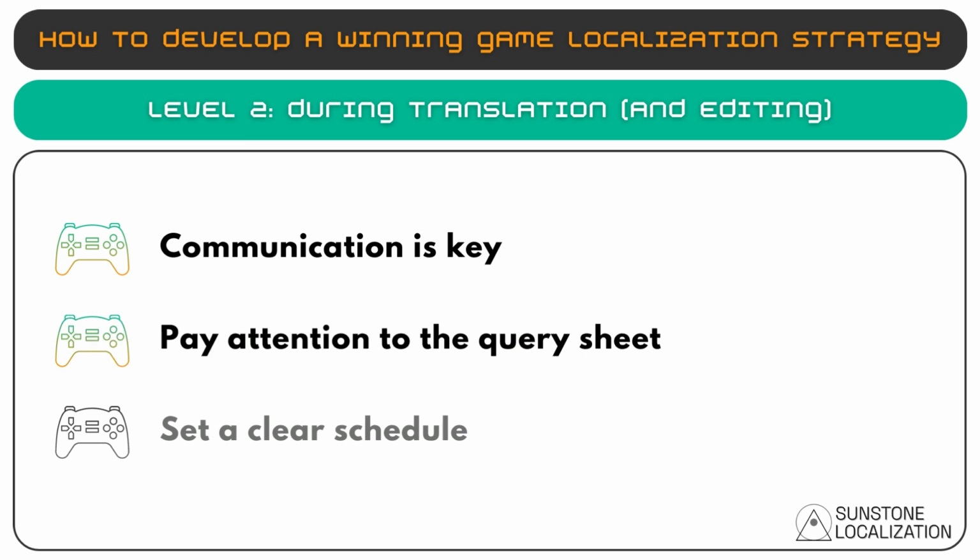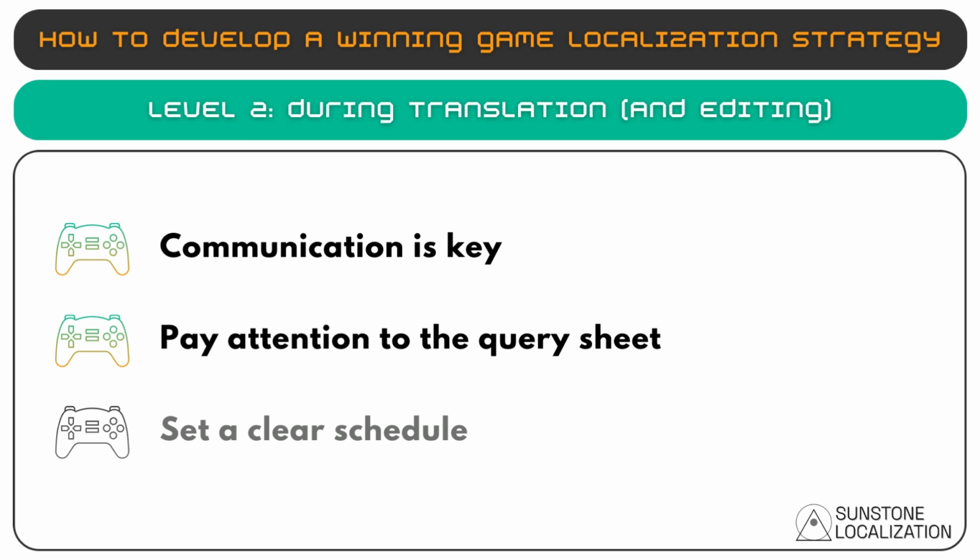Pay attention to the query sheet. A query sheet is a common feature for video game localization projects. It is usually a spreadsheet set up at the beginning of the translation step, and it contains cells where linguists can ask their questions and you can respond to them, but it also contains cells for the string ID, date of the query, source text, or even additional context, for example, screenshots.